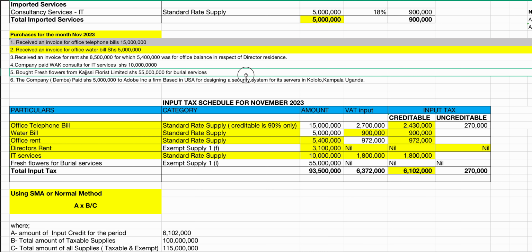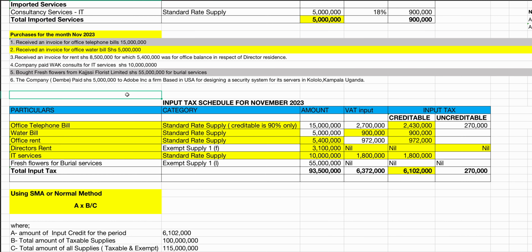Then we go to the fifth line, which is talking about bought fresh flowers from Kajansi Florist Limited, shillings 55 million for burial services.